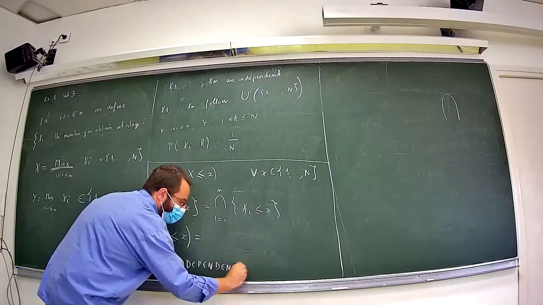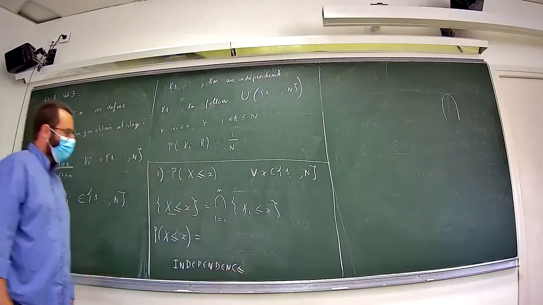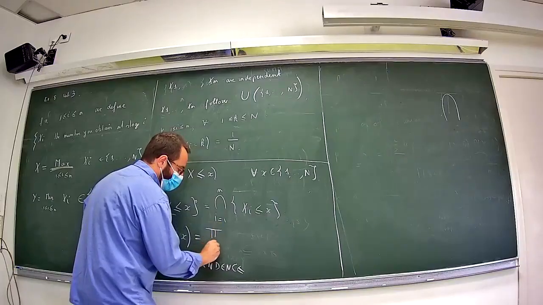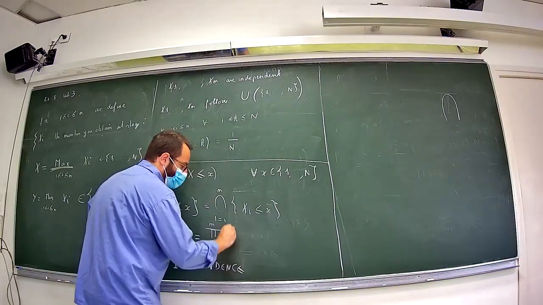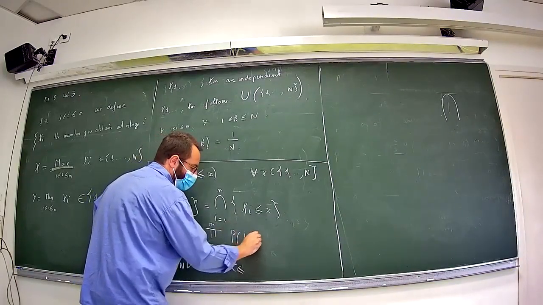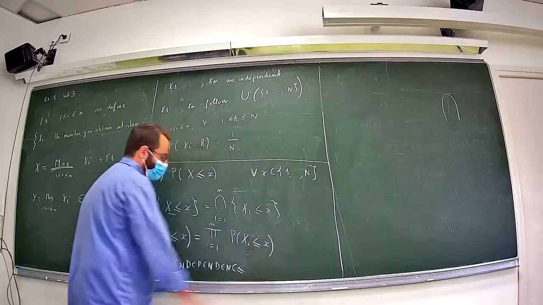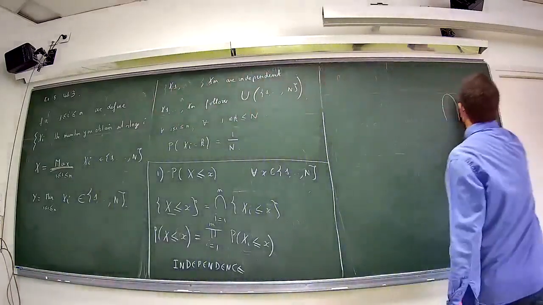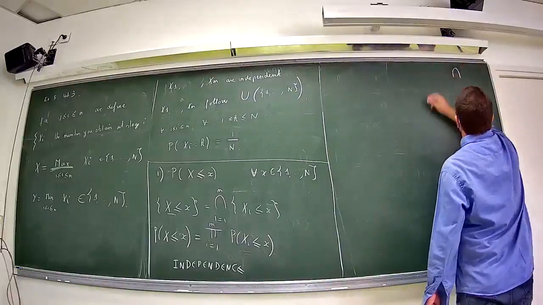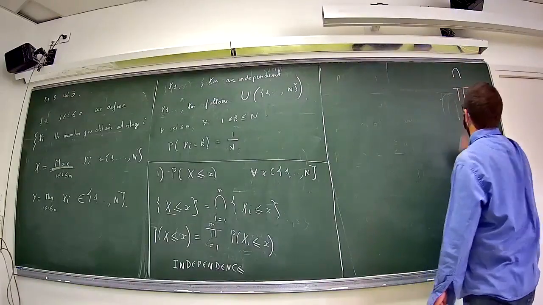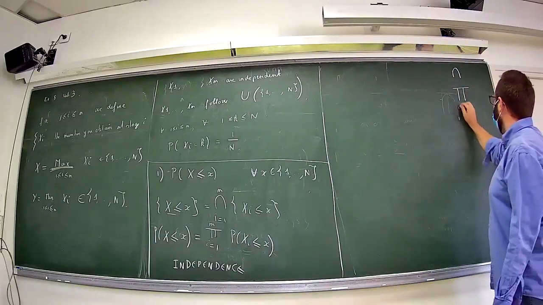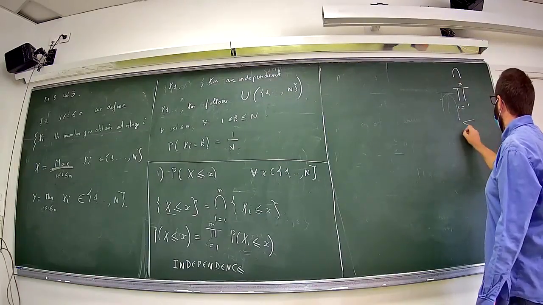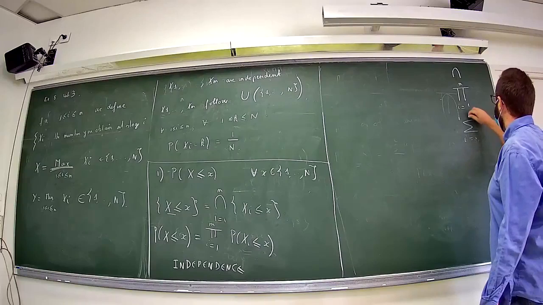I can write it with the capital pi symbol, from i equal to 1 to n, which is the product symbol, the same as the sum but for products.